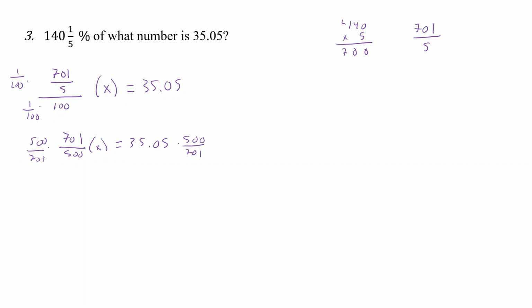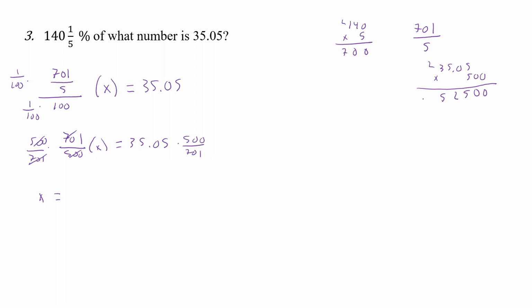So when we get this side, well, that cancels that, and we get x equals, and now we have to multiply all this out, and then after that we can divide. So let's first take 35.05 times 500. Okay, so I'm using the trick where I'm just going to drop those zeros down and multiply. So that's going to be 25, and that's going to be 25 again.